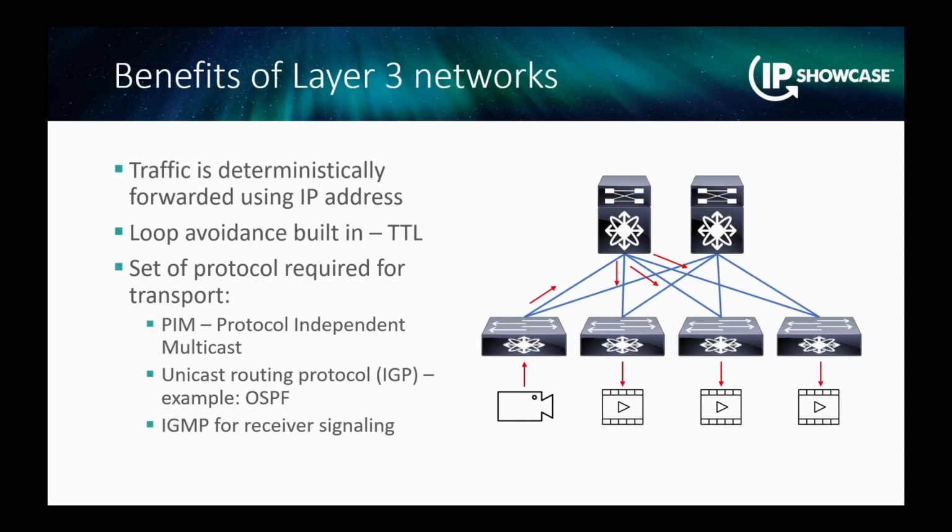You need to have some kind of unicast protocol which runs, which helps that multicast being propagated. And then you need IGMP to signal where that receiver is. So that's again another protocol. But basically these 3 by default should give you all that you need to forward multicast traffic on layer 3 from source to destination.